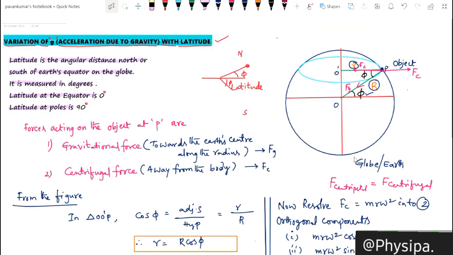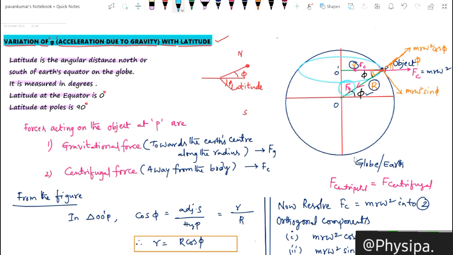Now observe the figure. Fc equal to m r omega square is resolved into two components. First one is m r omega square cos phi. Here the opposite angles are equal, and another component is m r omega square sin phi.